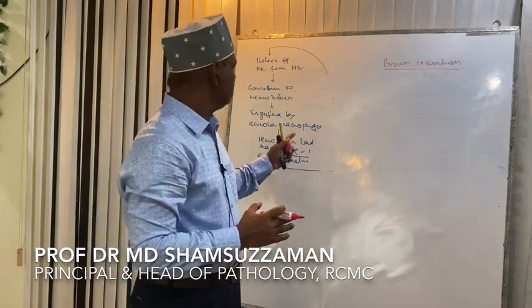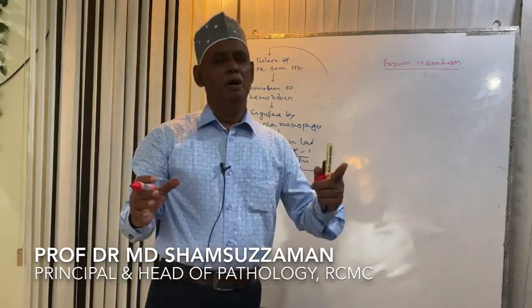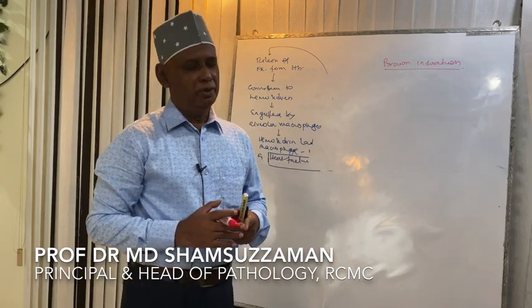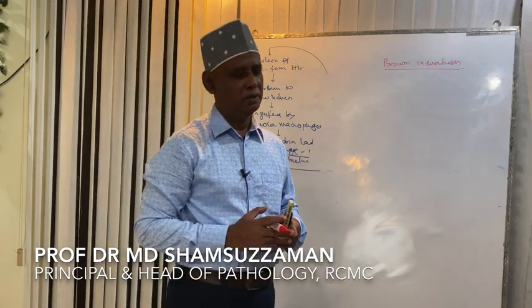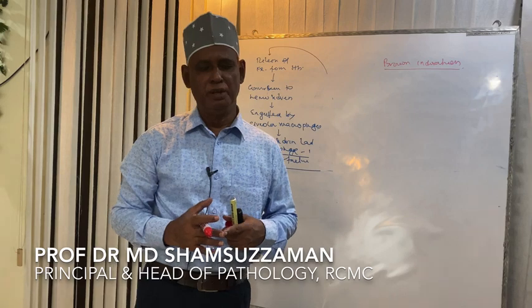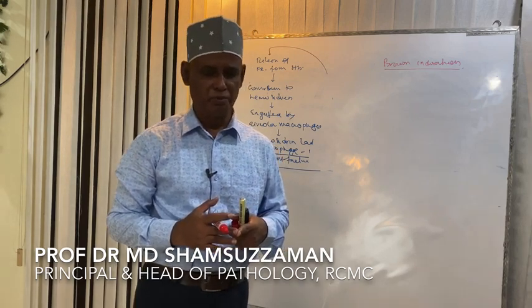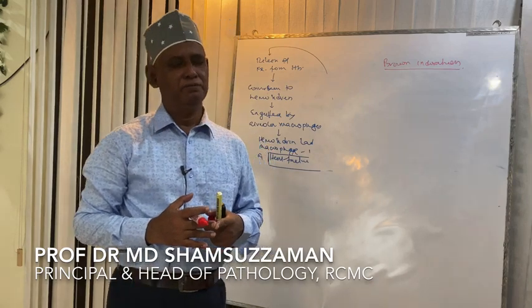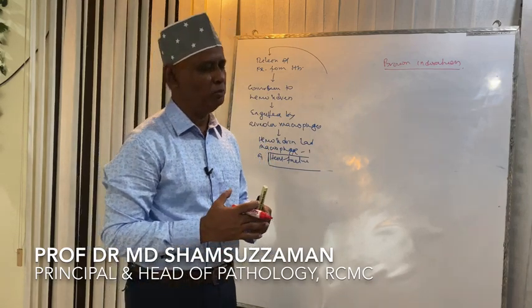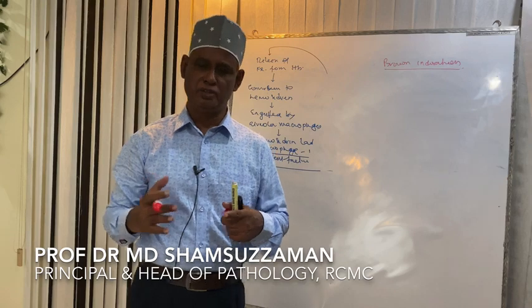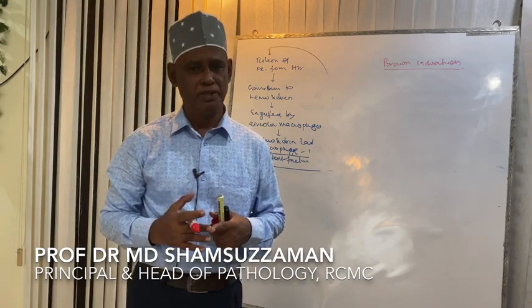There will be formation of hemosiderin, and this hemosiderin may be deposited in the interalveolar septum, and following deposition of hemosiderin in the interalveolar septum, there will be fibrosis.